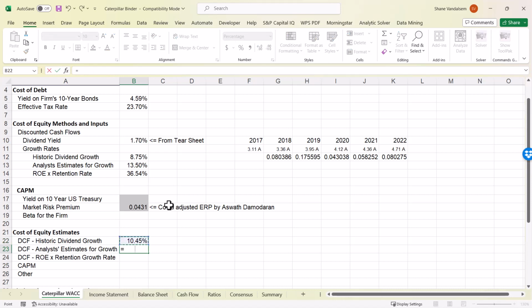For the second one, I'm going to take 1.7 plus the 13.5%. So in each case, I'm taking the dividend yield plus the growth rate. In the last case, I'm taking the 1.7 plus the ROE times the retention rate to get 38.24%.